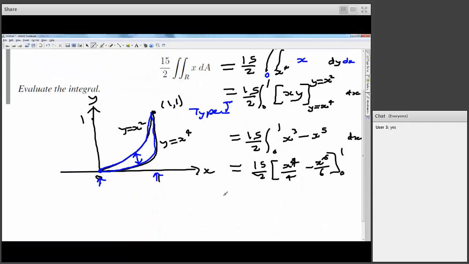Sub the limits in. You get a quarter minus a sixth. So that's 3 minus 2, 15 on 12.